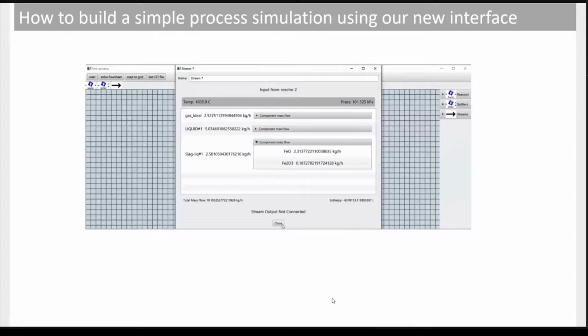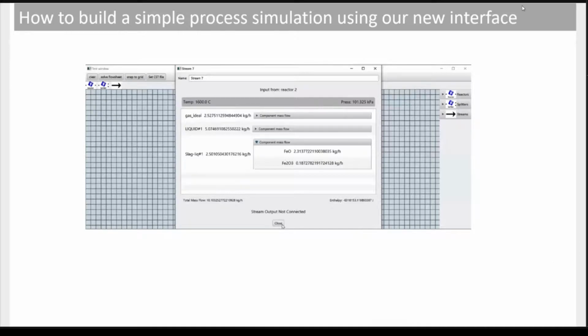Okay, good. So anyway, what you can see is that we're working on, let's say, a small process simulator, but really just to ease the use and to add some flexibility to the regular calculation that we're doing in FactSage. Hopefully, I saw a couple of comments in the chat.